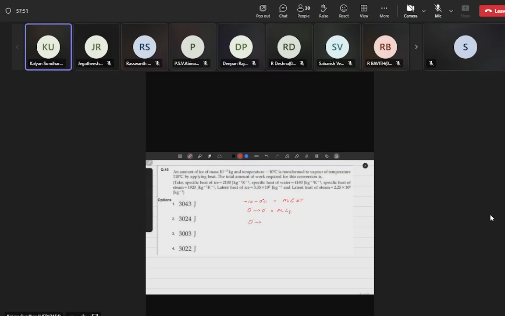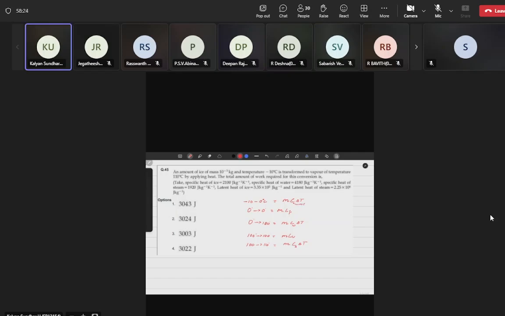From 0 to 100 degrees, m c del T, this is for water and the earlier one is for ice. Next, from 100 degrees Celsius, liquid changes to vapor at constant temperature, so it will be m into LV. And from 100 to 110, m c del T for the steam.